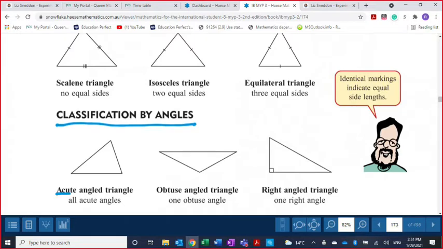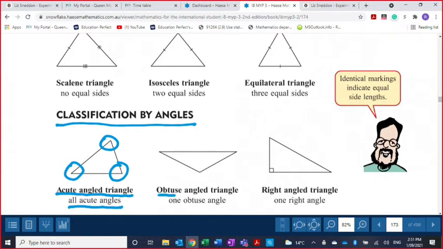The first one is what's called an acute angled triangle. We know that it's an acute angled triangle because all of the angles are acute, which means they're all smaller than 90 degrees. You don't really need to measure these. Just look at them, and if they're smaller than 90 degrees, then they're definitely acute.